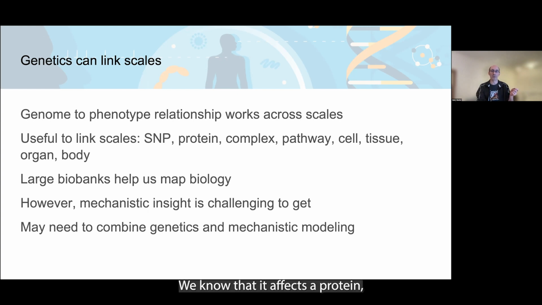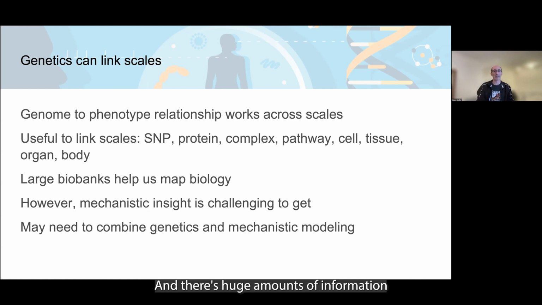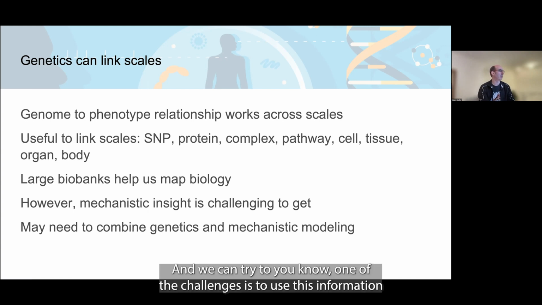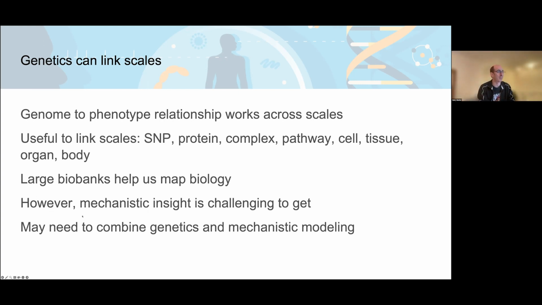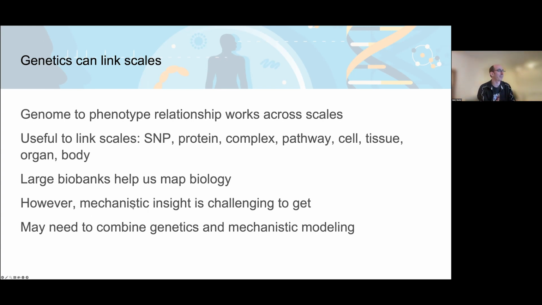We know that it affects a protein, a complex, a pathway, a cell, a tissue, all the way up to the whole body. And there's huge amounts of information available about human genetics in large biobanks. One of the challenges is to use this information in combination with machine learning and mechanistic modeling to create a bigger system, a more holistic view of the system.